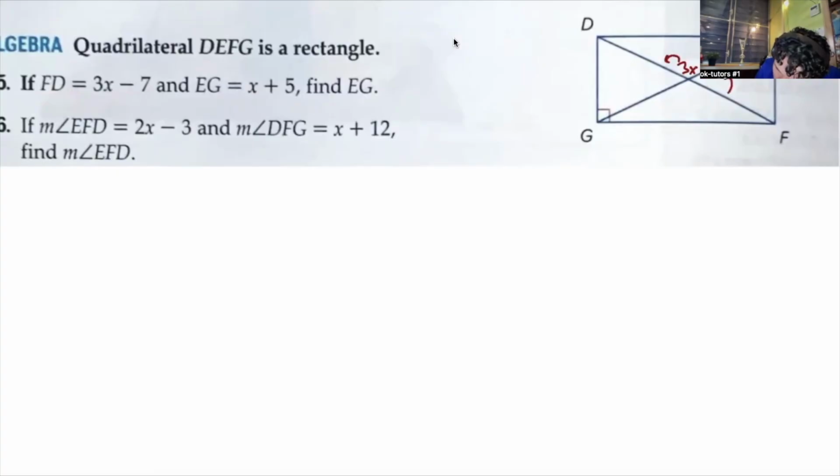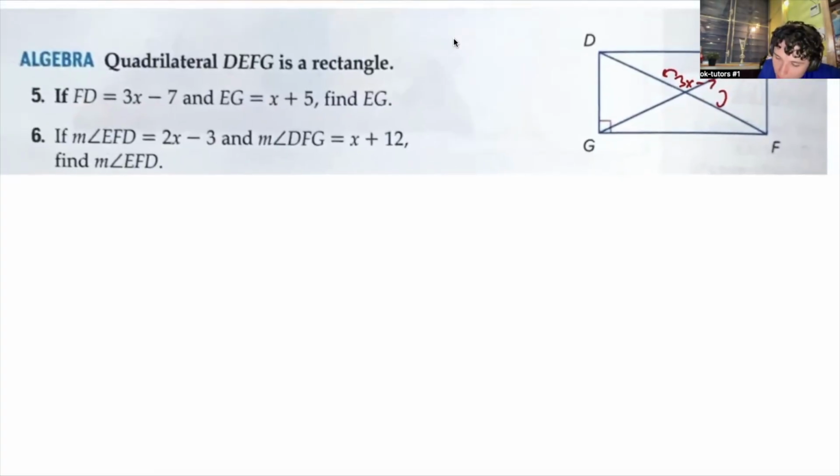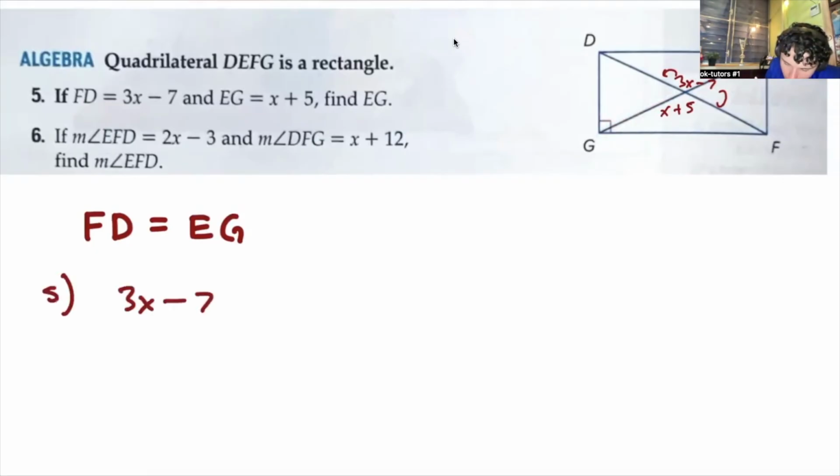And EG, that's the opposite side, equals x plus 5. So if they give me both sides, I can strongly say that FD is congruent to EG. So I can equal them. For number 5, I can put 3x minus 7 equals x plus 5.